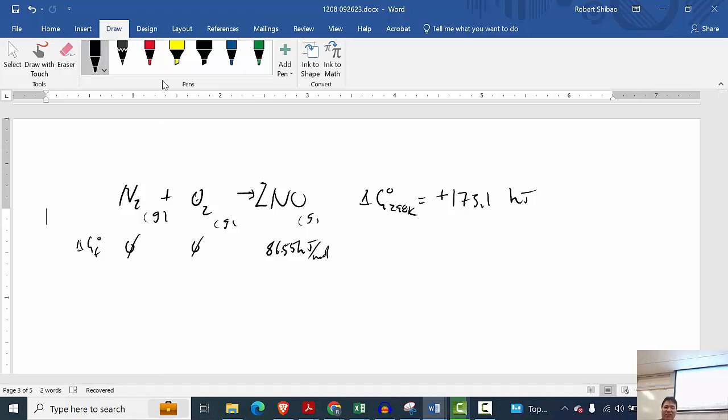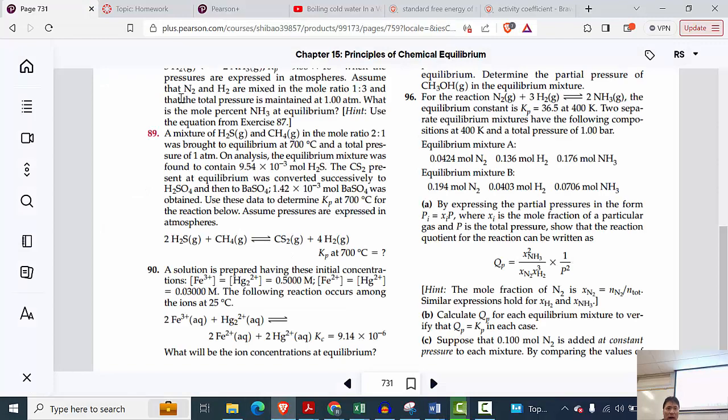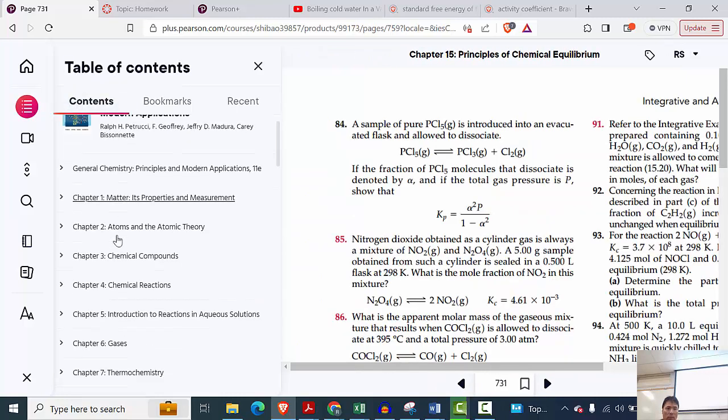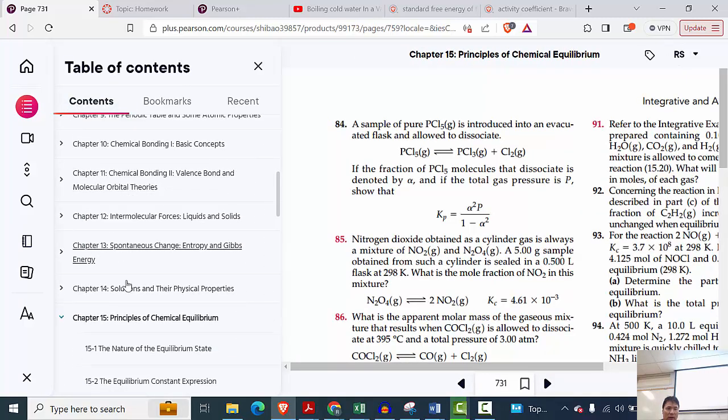All right, 173.1 kilojoules means it's pretty unfavorable. And so if we have a delta G of that magnitude, what is our K value looking like?